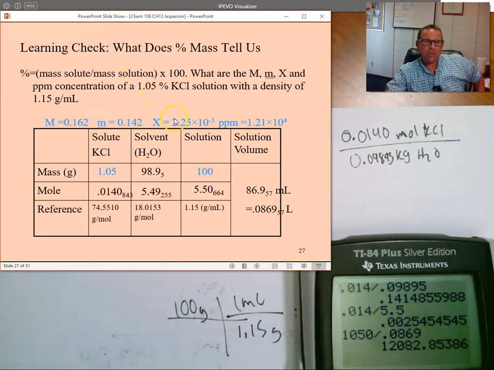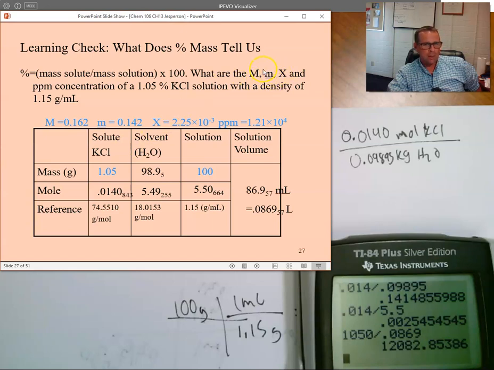So now hopefully what you can see is why we have this box. When we have a question like this, it's not going to ask for molarity, molality, mole fraction and parts per million. They're just going to say, if I have a 1.05%, what's the molality or what's the molarity? Just one of them. So you're not going to need to regurgitate this whole box. But what the box would do for you is allow you to hold still, take a breath, and just identify what you need.